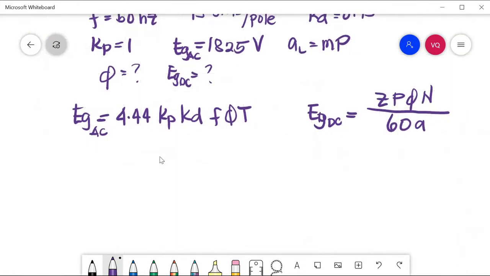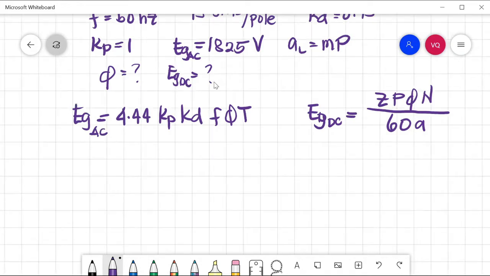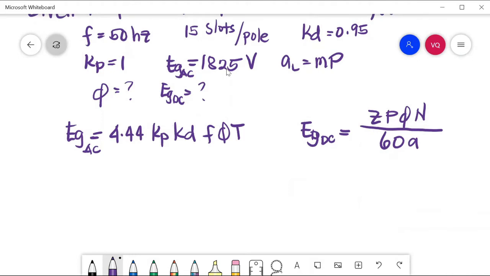So for our generated voltage in AC, we need the single phase voltage, not the 3-phase. So we will divide this one, 1825 divided by square root of 3 to get the per phase voltage. So EG per phase is equal to 1825 divided by square root of 3.